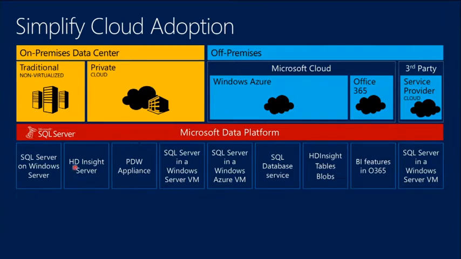So I have here in the list on the very bottom all kinds of things. So let me just go quickly what it means. This is the first box, SQL Server running on traditional Windows Server. So this is what we used to do, and we've been doing that for a long time. We have HDInsight, which is our Hadoop implementation, is in preview today, that runs on Windows Server. We have PDW, which is a specialized appliance for data warehouse, hundreds of terabytes data warehouse implementation.